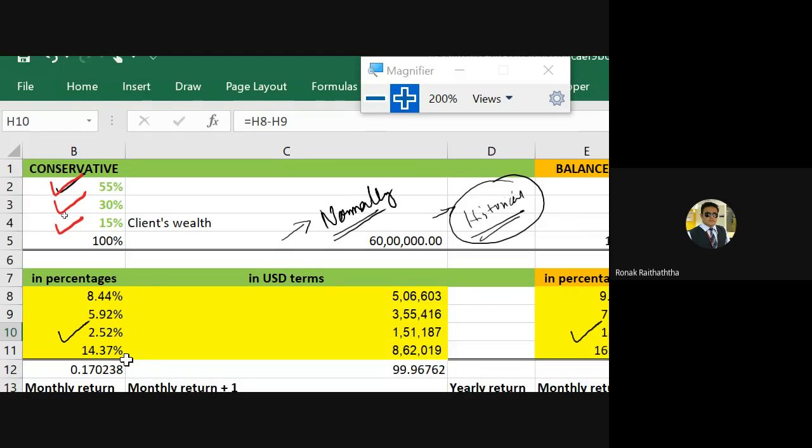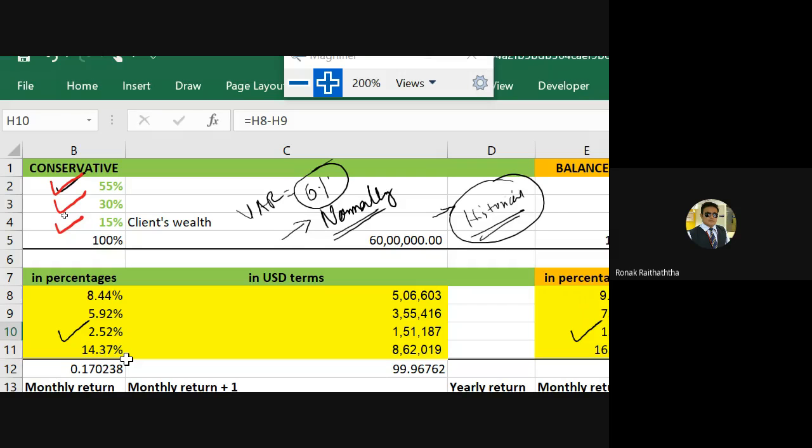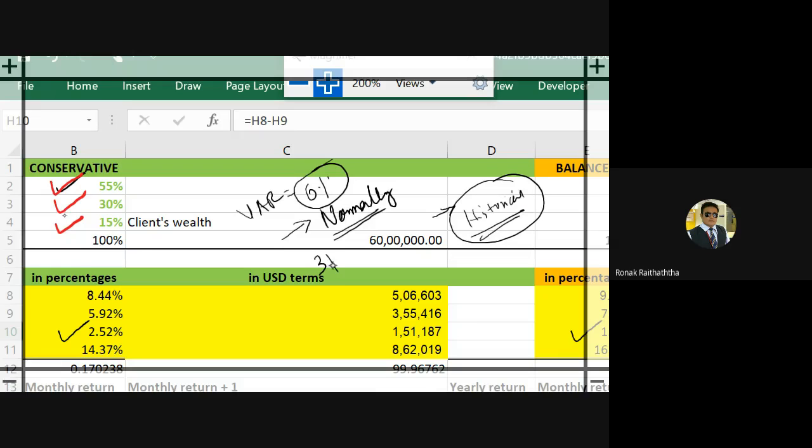If I give you one more question, find the value at risk at 6%. So what is the meaning of 6%? That means there would just be a 6% values below that particular return and 94% of the values which should be above that return. Same way, if I ask you, say just 3% VAR, that means 3% of the returns would be below that and 97% would be above that.